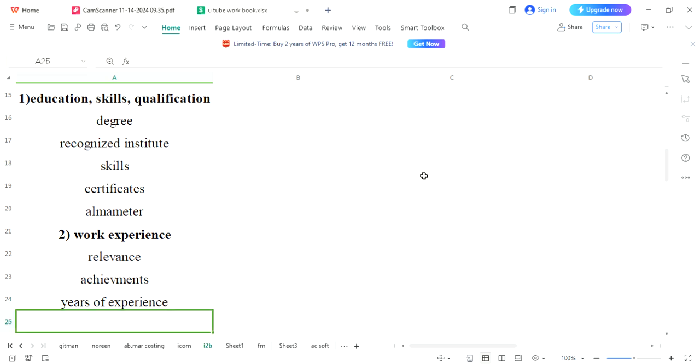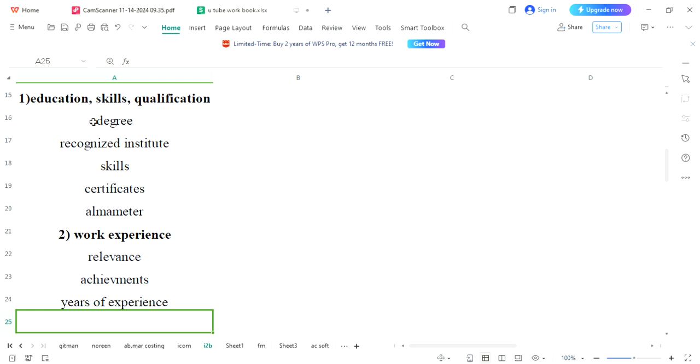For example, you have two candidates, same education, but you are going to hire an accountant. Both are BS Accounting and Finance. It means education, skill, and qualification for both candidates is equal. One candidate has 5 years of experience. The second candidate has 10 years of experience. So obviously you will prefer the 10-year experienced candidate.